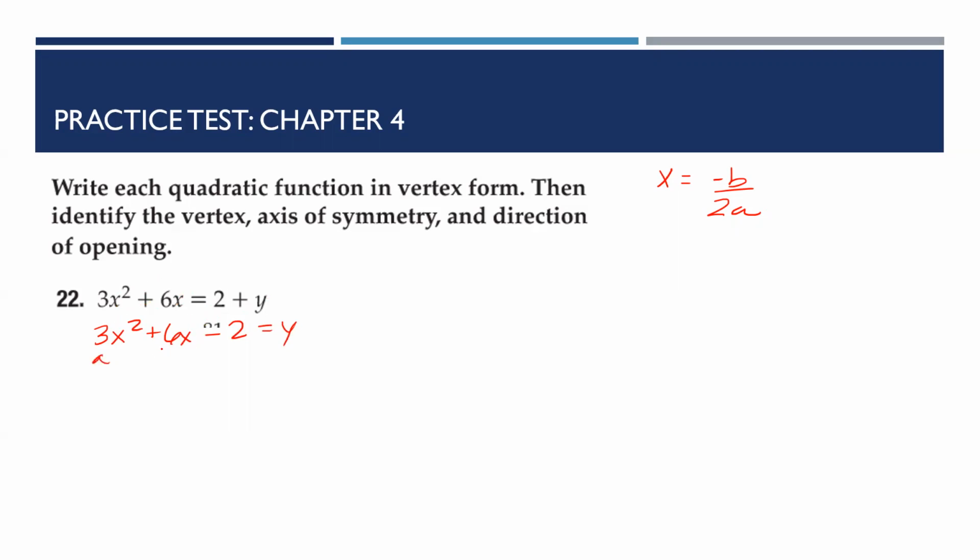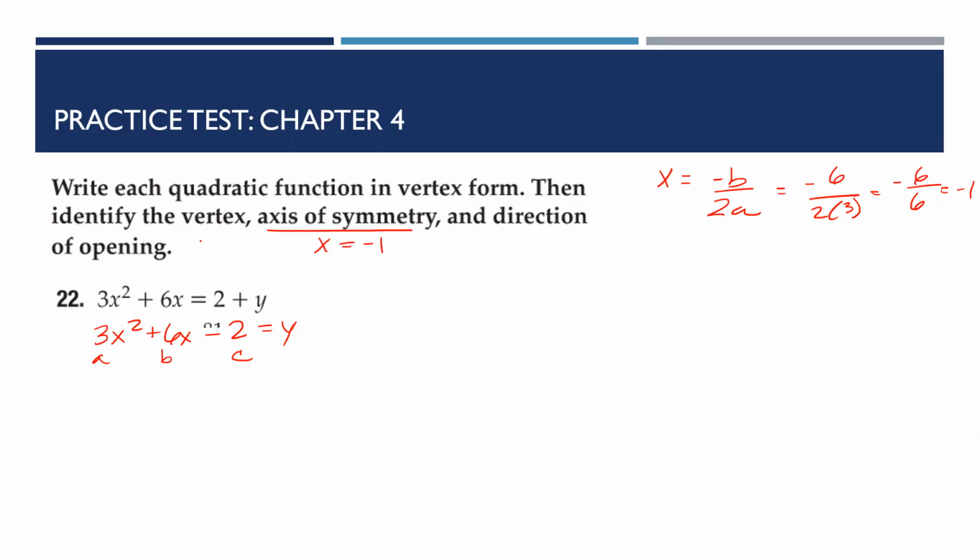So this is a, b, and c. So negative b would be negative 6 over 2 times a, which is 3. So this is negative 6 over 6, which is negative 1. So that's the axis of symmetry: x equals negative 1.